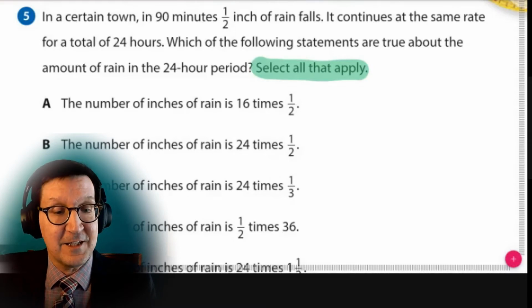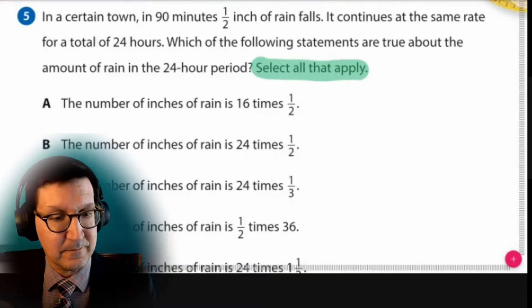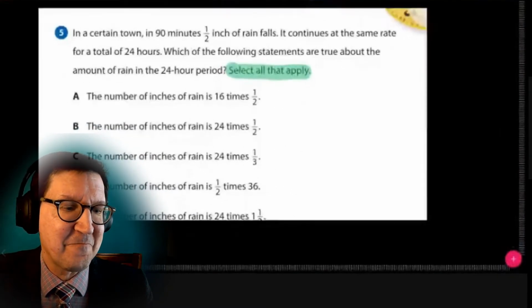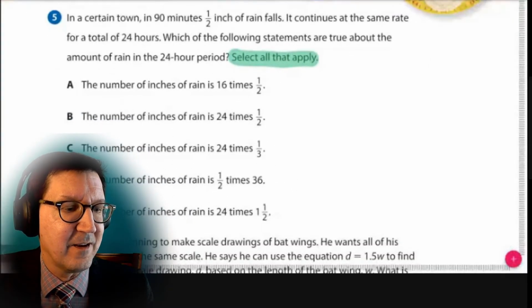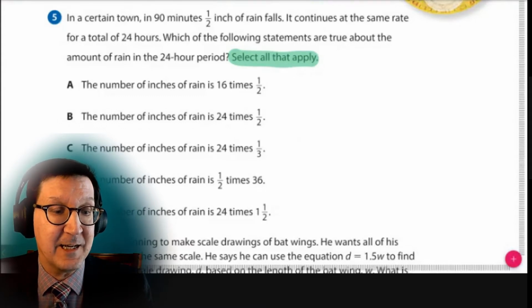So this doesn't just give you a straightforward answer. It's telling you how you set up the question, and you have to match that to the answer. Just when you thought this was going to be easy. Okay. So the number of inches of rain is 16 times 1/2. Or the number of inches of rain is 24 times 1/2.